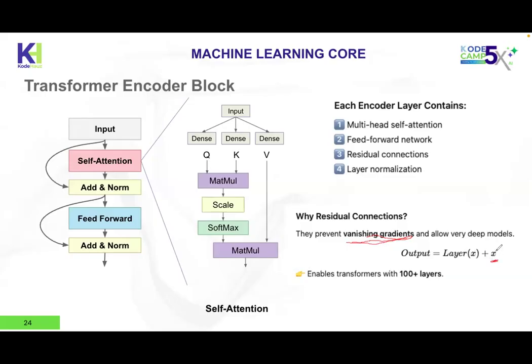That additive bit is the X. After you have applied X through the layer, that's layer of X, you still sum it with the X. So the thing becomes more of a summation rather than a product. Same principle as with the LSTMs.